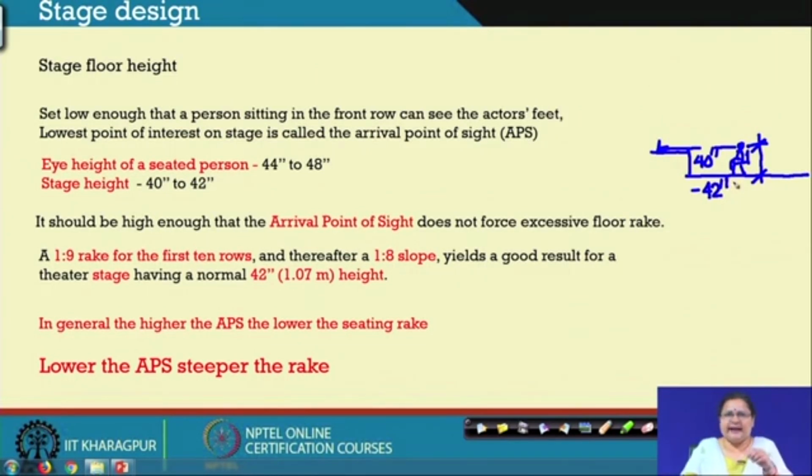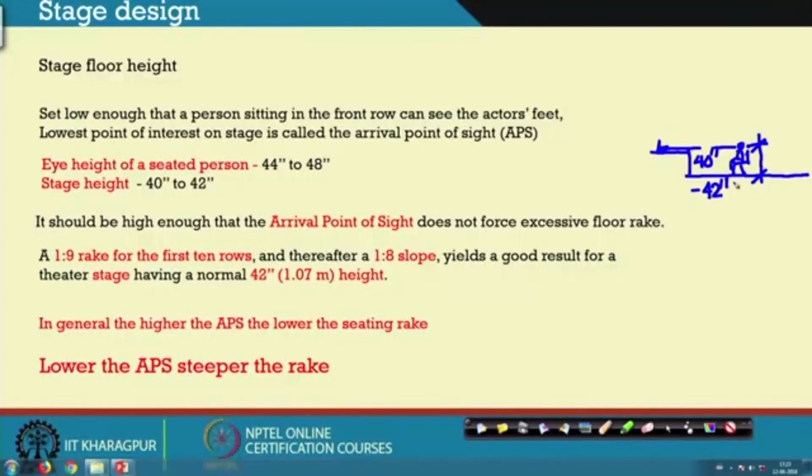Now, once this arrival point is determined, which is almost at the center of the stage, the people behind the first row should be capable of seeing that floor, that foot level.